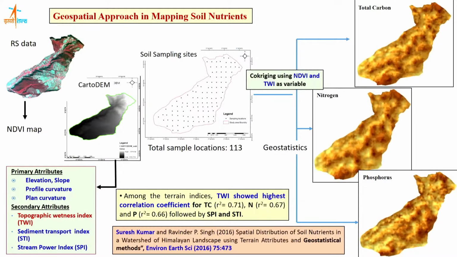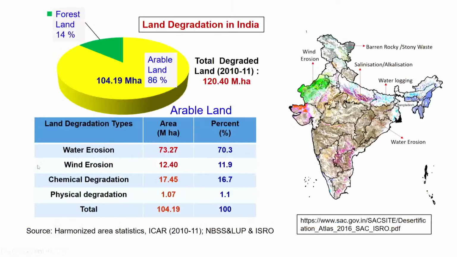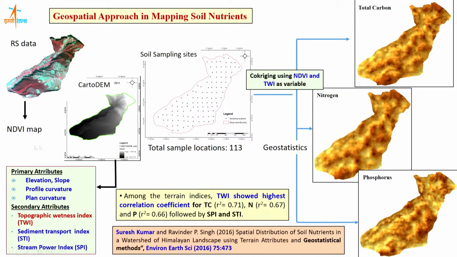Here I am showing you one example of how we can use this technique for the mapping of soil nutrients. You see here is the remote sensing data, satellite data, FCC.